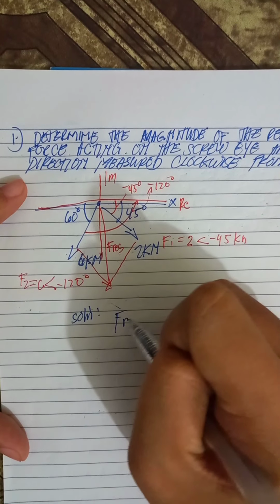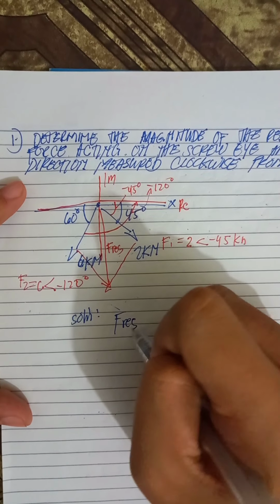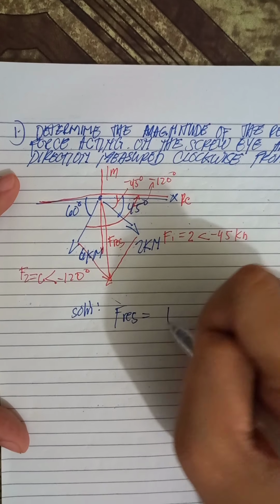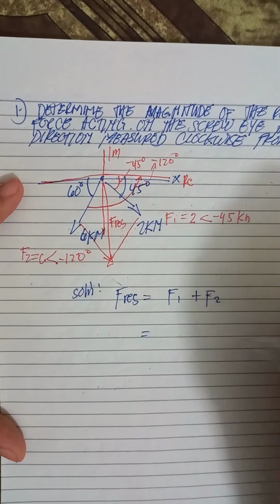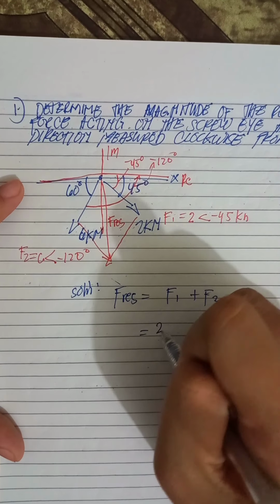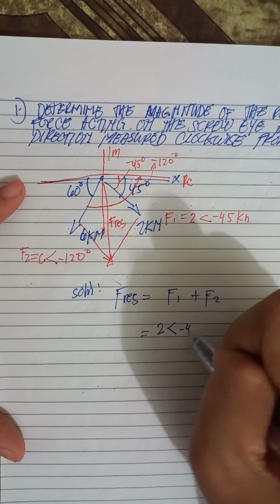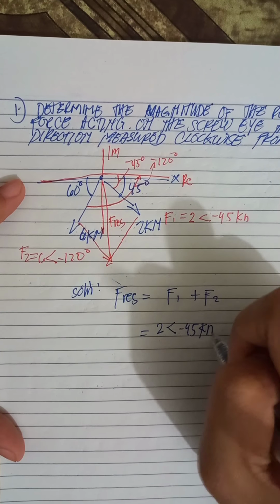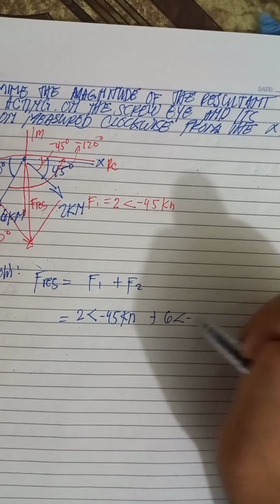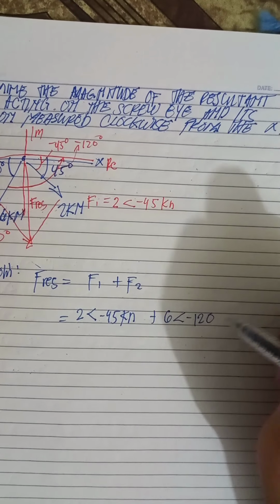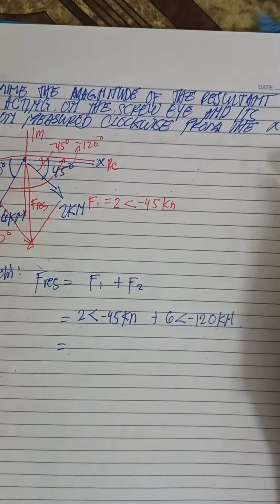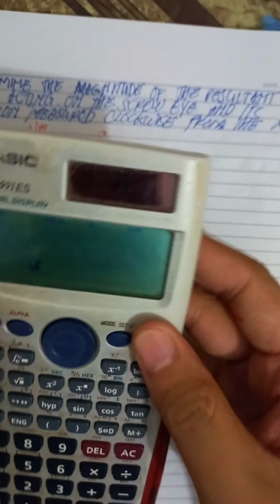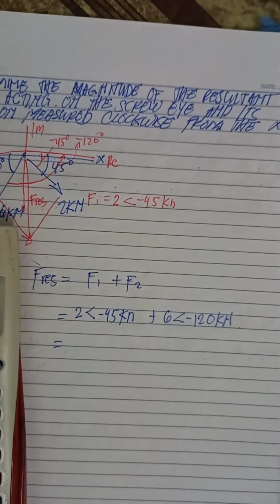So F resultant is equal to F1 plus F2, where F1 is 2 angle of negative 45 kN plus 6 angle of negative 120 kN. So in the calculator, 103.